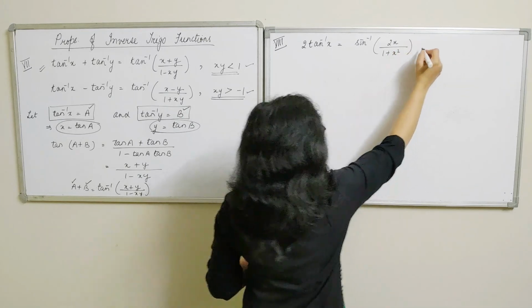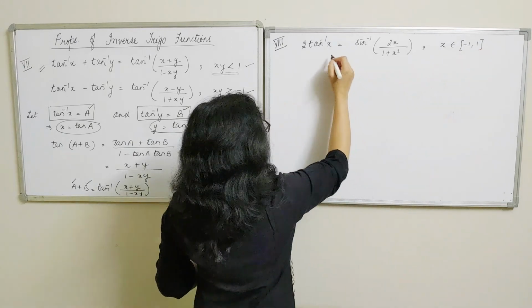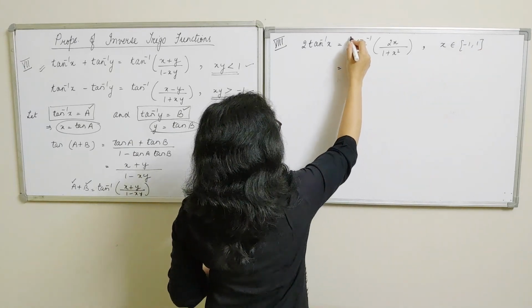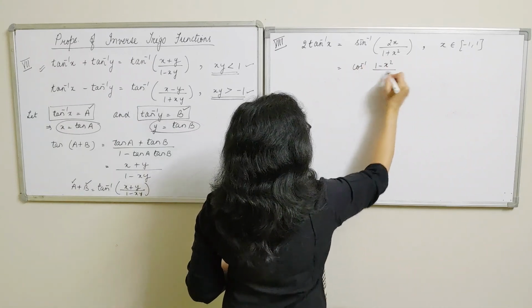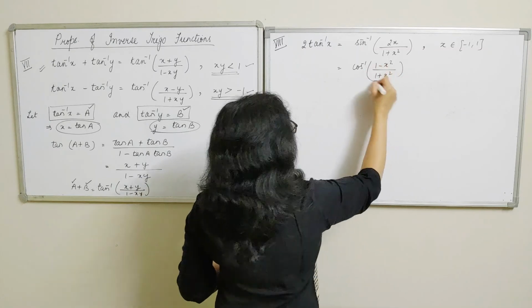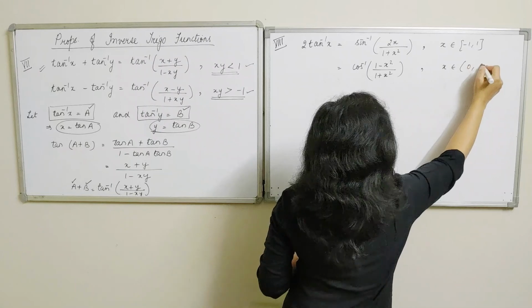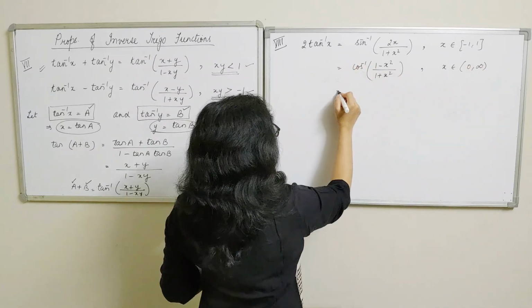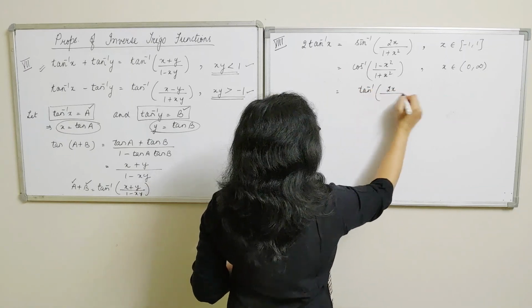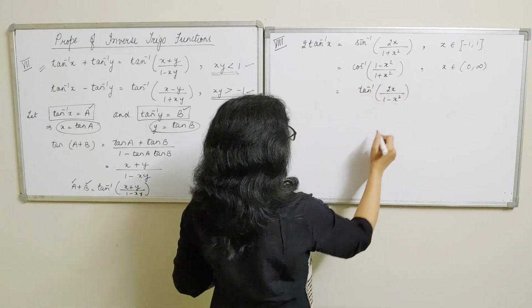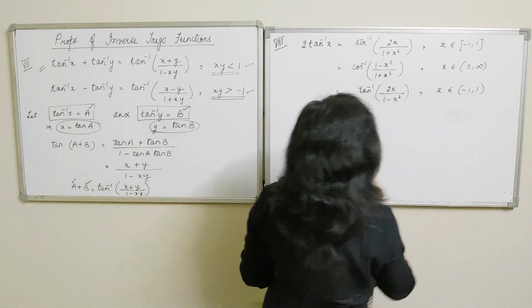This way, where x belongs to this interval. The same result can also be equal to cos inverse of (1 minus x square) upon (1 plus x square) when x belongs to this interval. 2 tan inverse x can also be written as tan inverse of 2x upon (1 minus x square) whenever x belongs to this open interval.